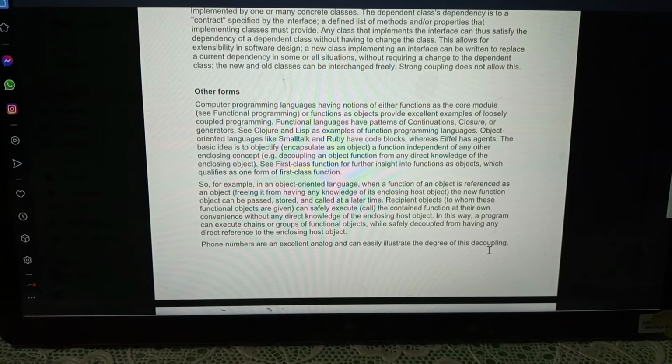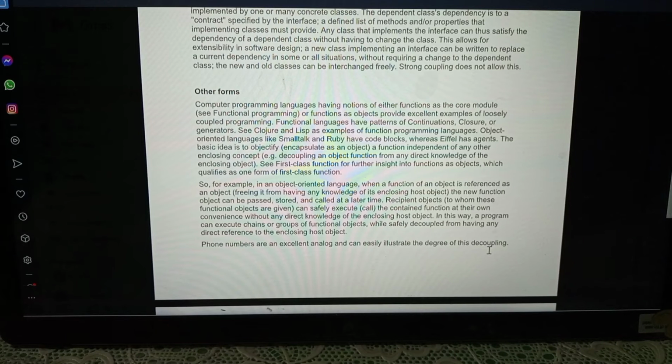So, the basic idea is to objectify, to encapsulate as an object, a function independent of any other including concept. For example, decoupling an object function from any direct knowledge of the including object. See first class function for insight into functions as objects, which qualifies as one form of first class functions.